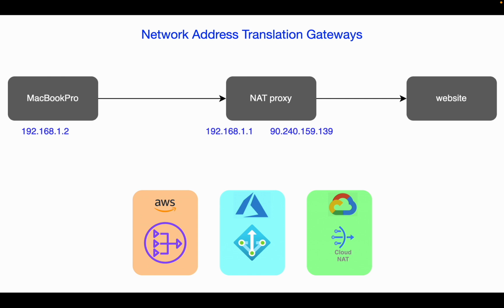Google Cloud has Cloud NAT, AWS has a NAT gateway, and Azure has something similar. You might wonder why the cloud would want to know a specific IP address. You don't have to set them up, these are optional.